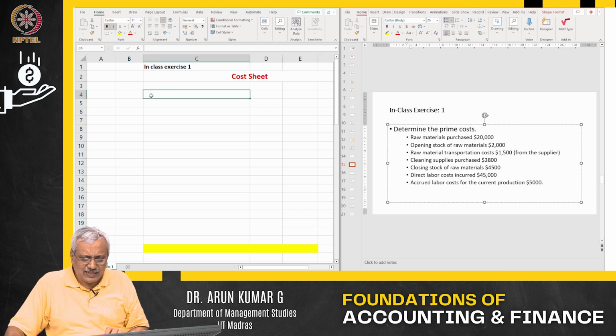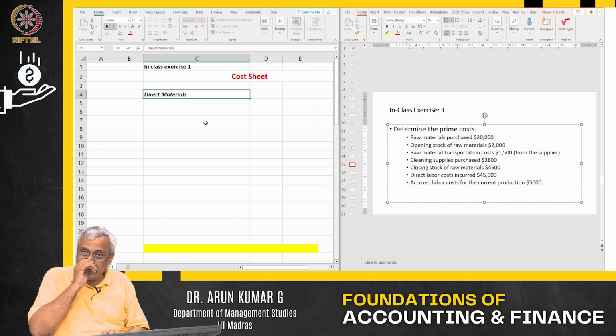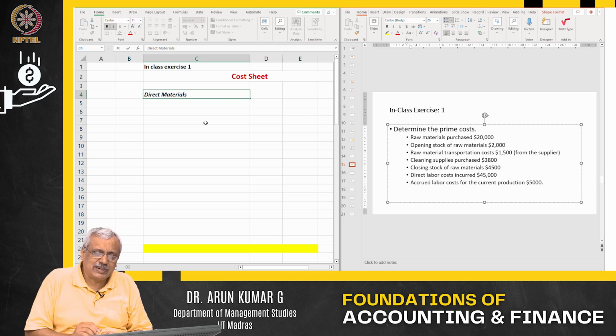We need to determine the prime cost. That is all we need to calculate. So let us look at direct materials. What is the cost of direct material? Direct material, direct labor, direct expenditure is prime cost.